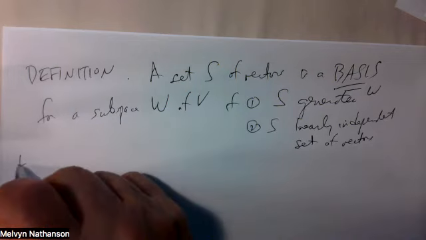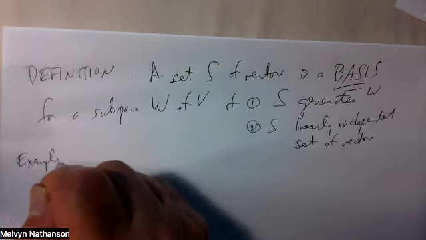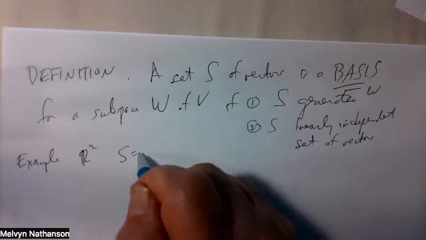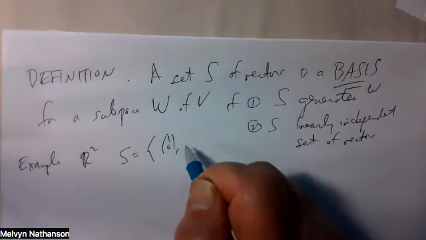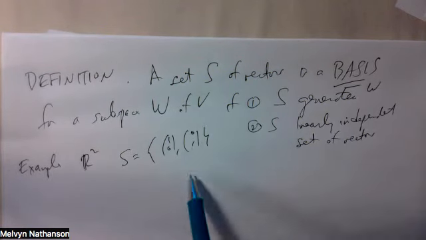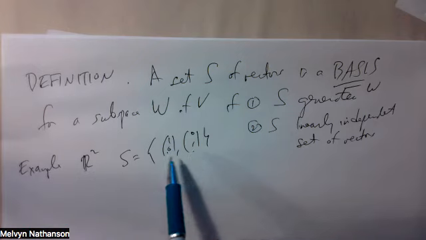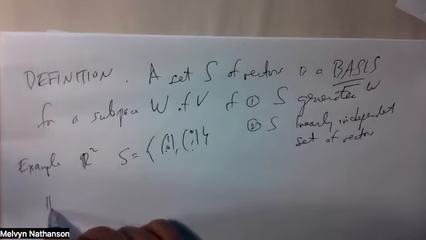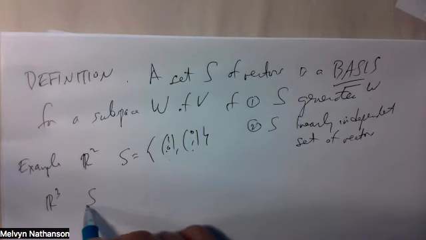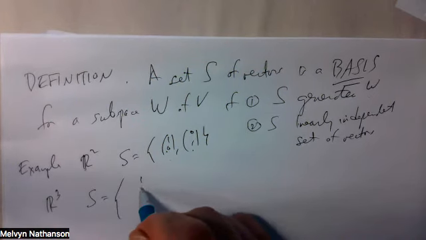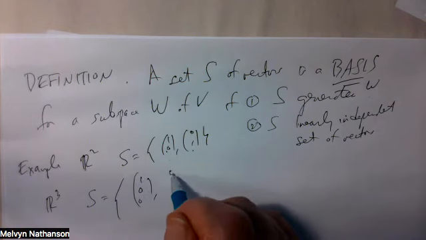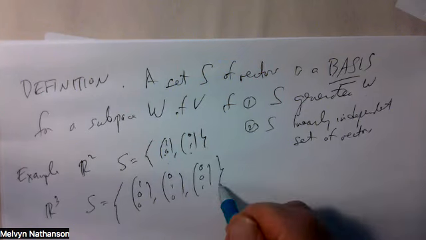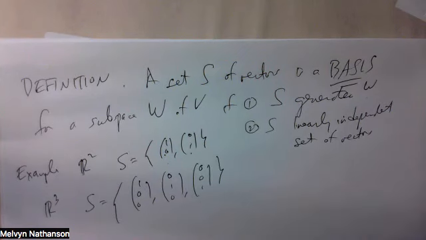So for example, if we take R2, I can take S to be the set of vectors (1,0) and (0,1). These are linearly independent, and they generate R2. So this is an example of a basis. In R3, I could take S to be the 3 vectors (1,0,0), (0,1,0), and (0,0,1). This is a basis.